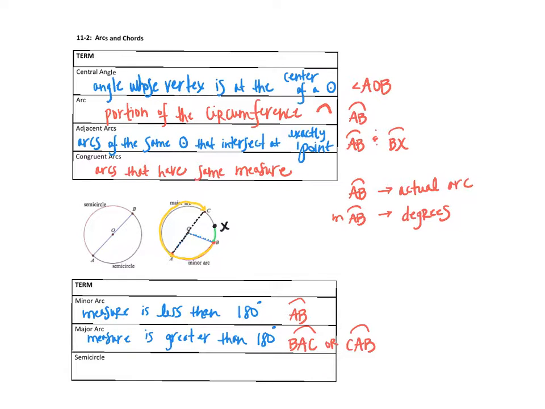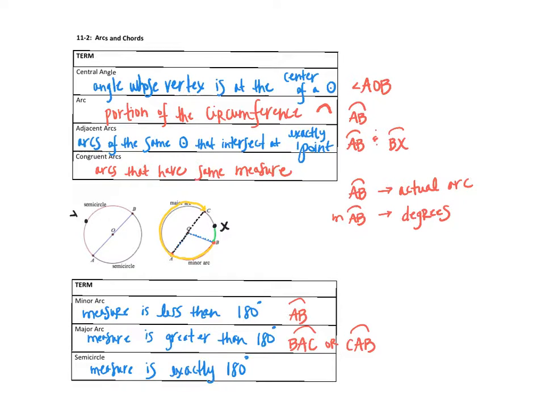And then lastly, we have a semicircle where the measure is exactly 180 degrees. And we would call that, let's look over here, it's a little easier for us to see. I'm going to put a letter.